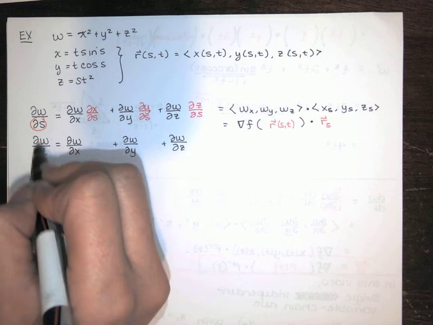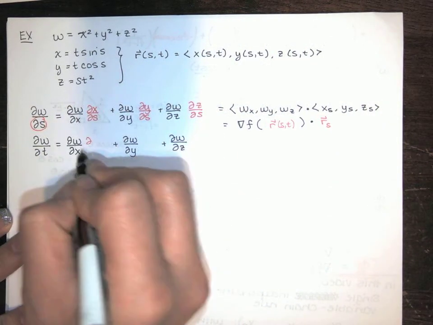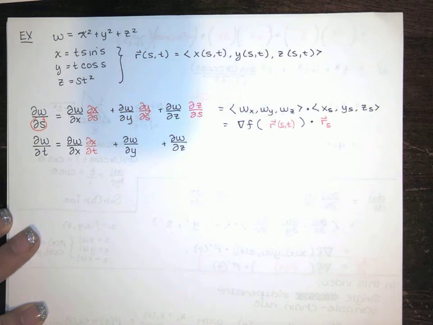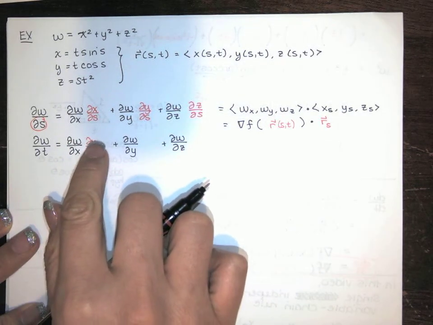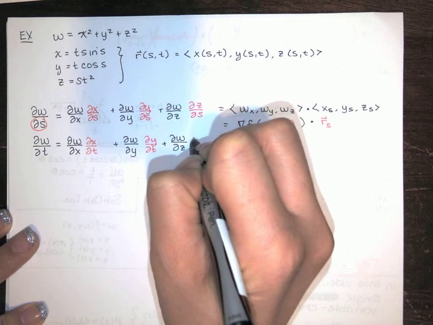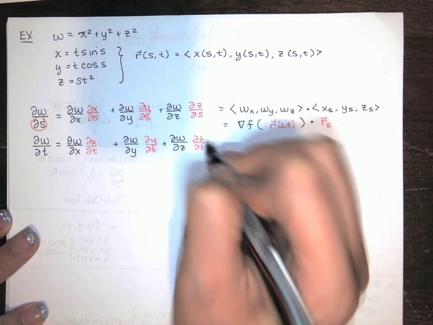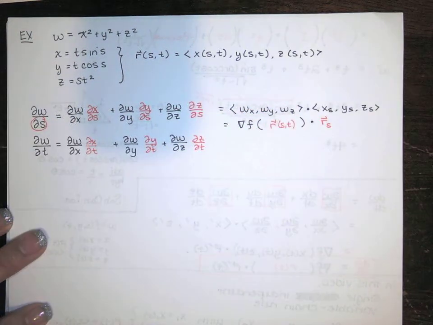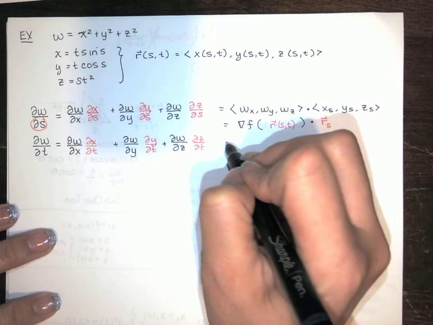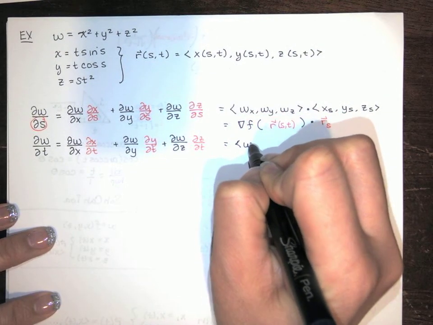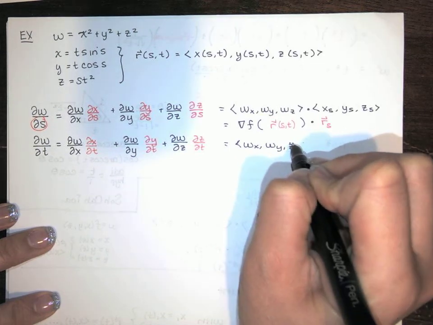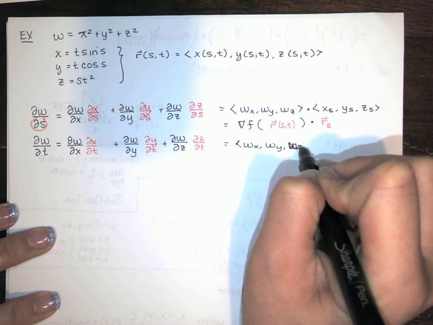Now if I want the partial of w with respect to t, I need to take the gradient and I dot it with this vector of partial of x with respect to t, partial of y with respect to t, partial of z with respect to t. And all of these are partial derivatives because x and y and z all depend on s and t. So I'm thinking of this again as a gradient. Oops, slightly different notation.